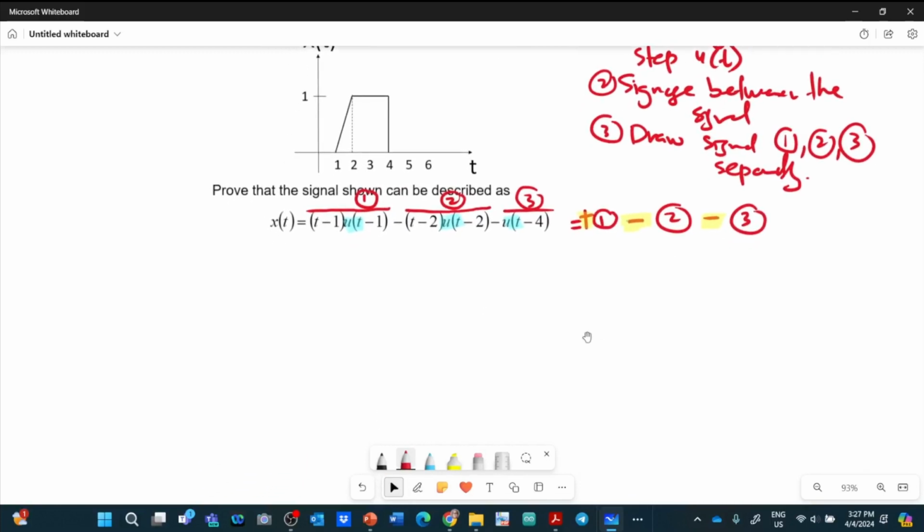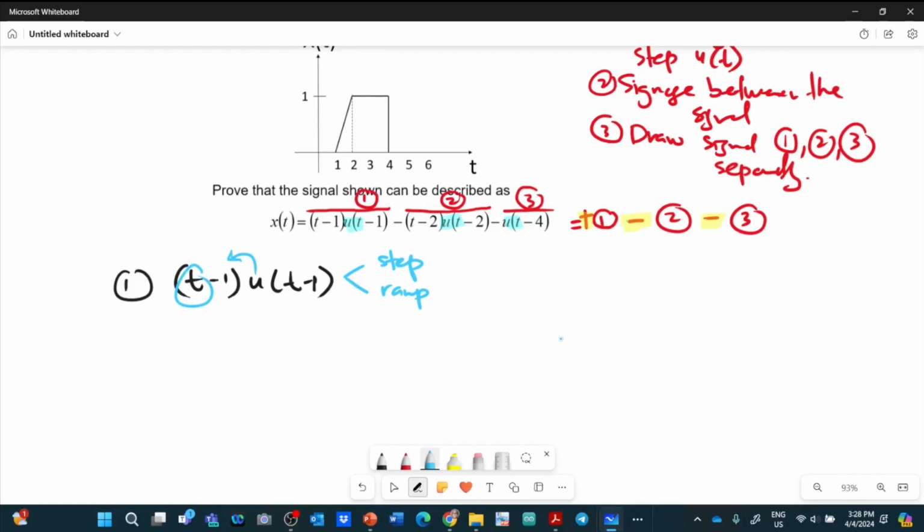Okay, now let's do number 1. Signal number 1, you have (t minus 1)U(t minus 1). The question just now was what type of signal we have. You have to identify that we have the step signal, right? What else that we have? Ramp. Why ramp? Because outside of this U(t), kat depan dia tu ada t.